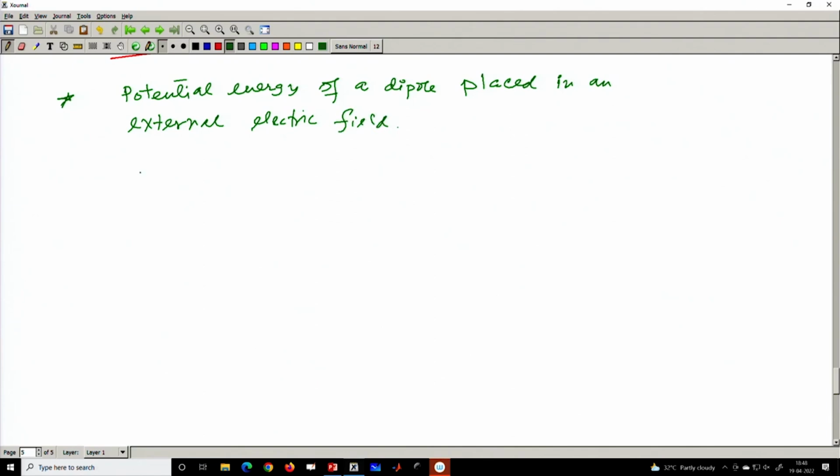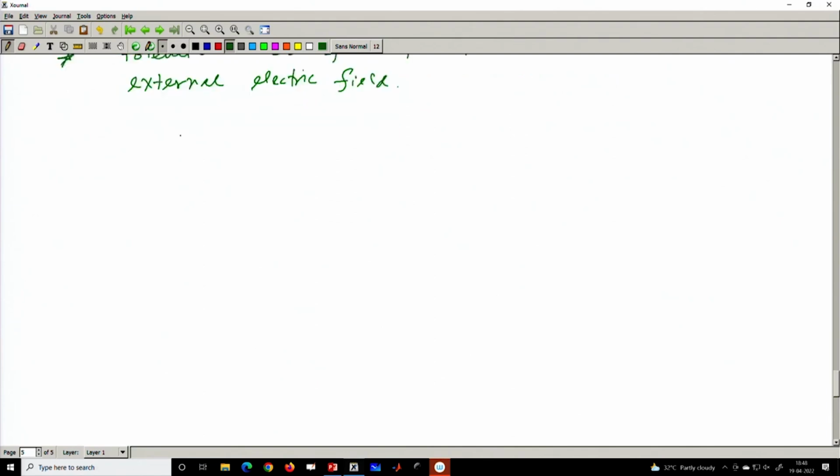So, there is an external electric field and I place a dipole, and we need to find out what the potential energy should be.